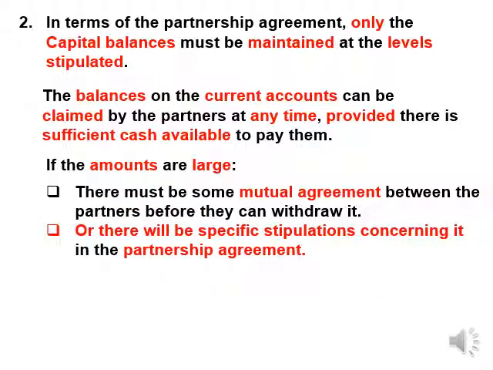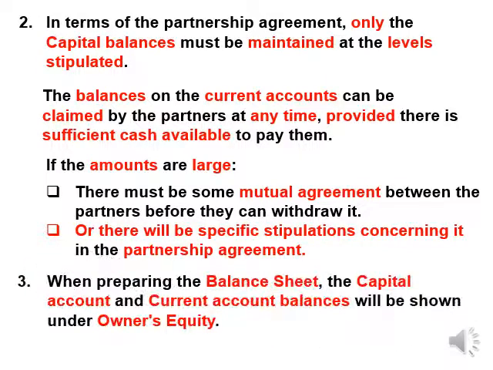Or there will be specific stipulations concerning it in the partnership agreement. When preparing the balance sheet, the capital accounts and the current account balances will be shown under owner's equity. Owner's equity will now not just consist of capital, but of capital and current accounts.